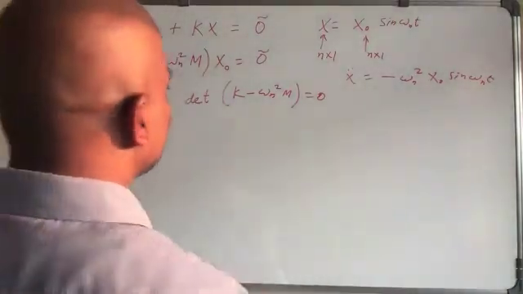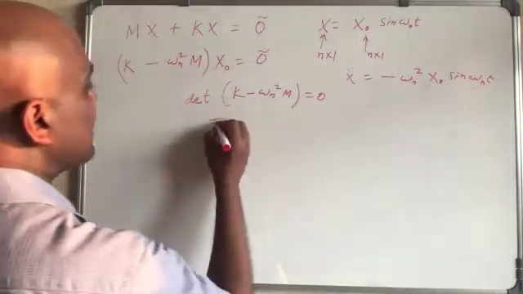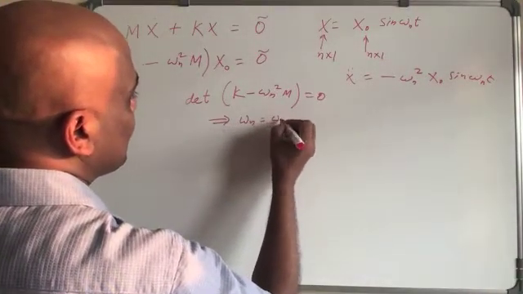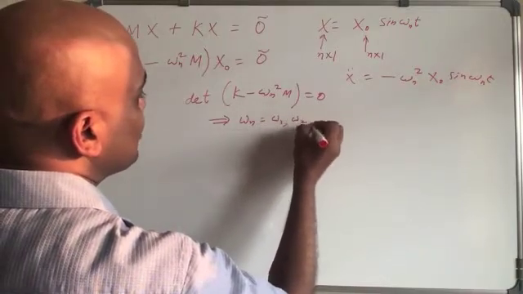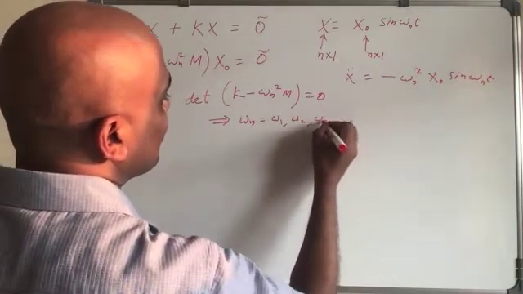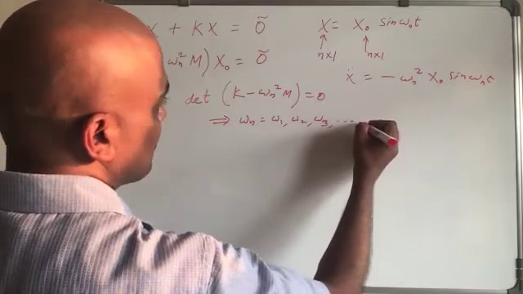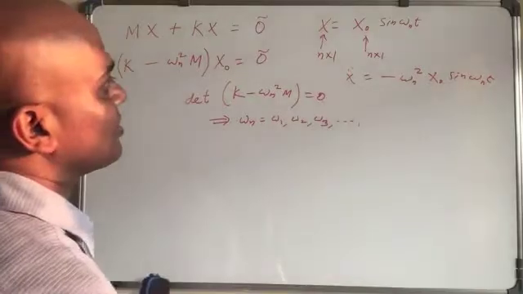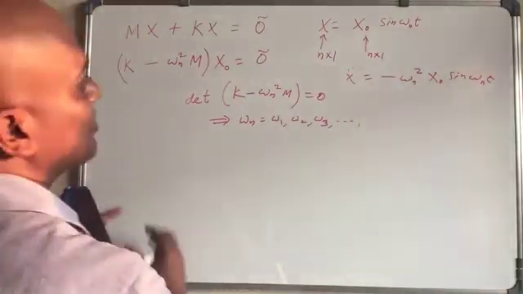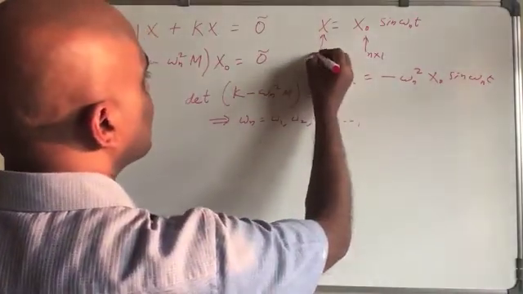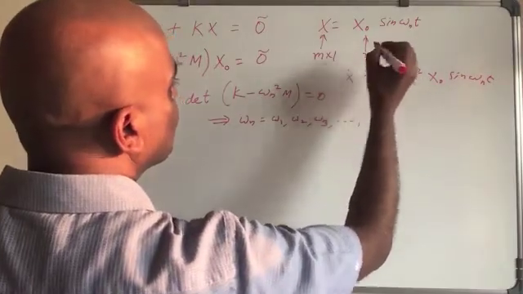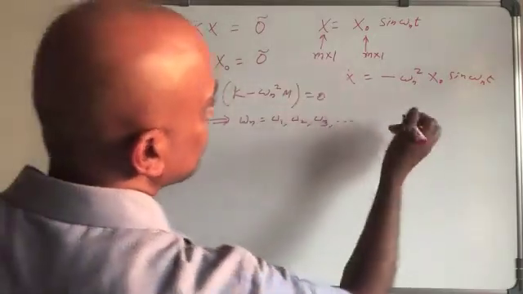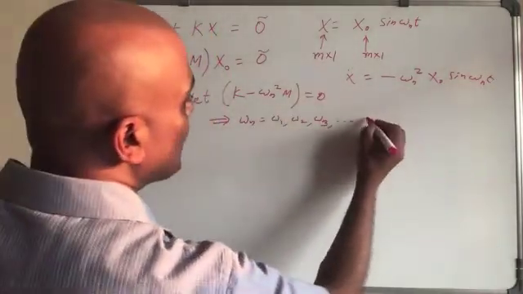Because of that, the determinant has to be equal to 0, and this will give you omega n equal to omega 1, omega 2, omega 3, till omega m. Not to be confused with n for natural here, but this is okay.